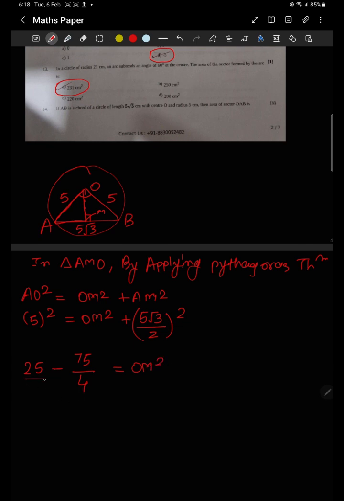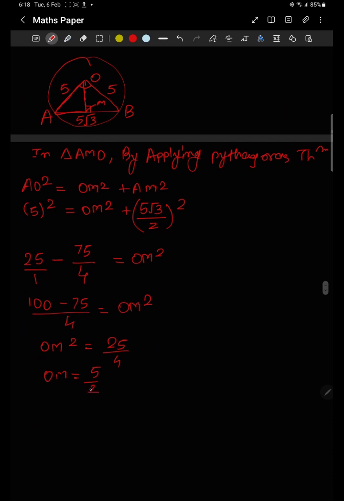If I take the LCM, 25 4s are 100 minus 75 upon 4 is equal to OM square. So OM square is equal to 25 by 4. The square goes to square root, the square root of 25 by 4 is 5 by 2. So what I got, the value of OM is 5 by 2.